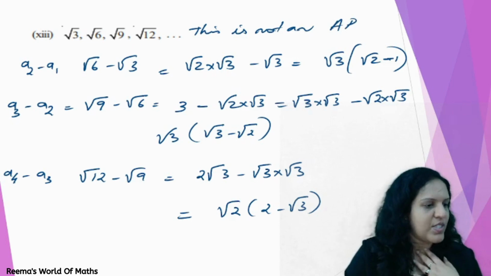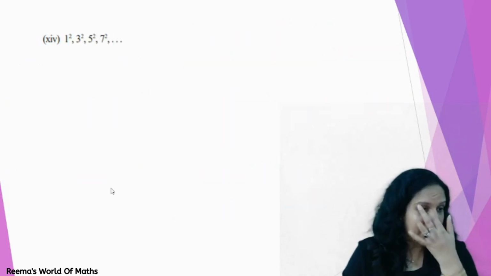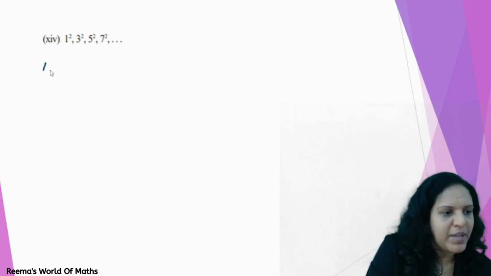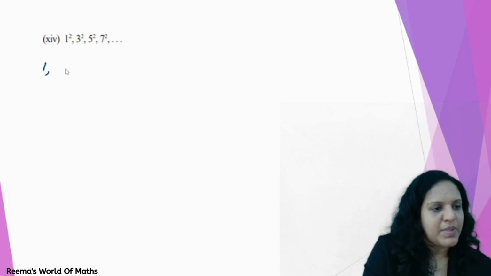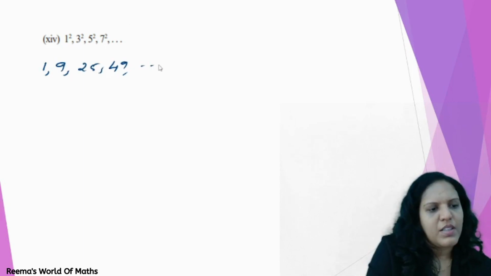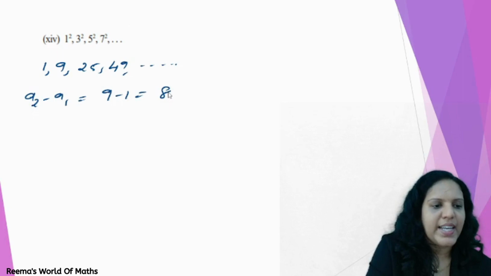Let's see the next question: 1 squared, 3 squared, 5 squared, 7 squared. So this can be expressed as 1, 9, 25, 49. The difference A2 minus A1 is 9 minus 1 equals 8.